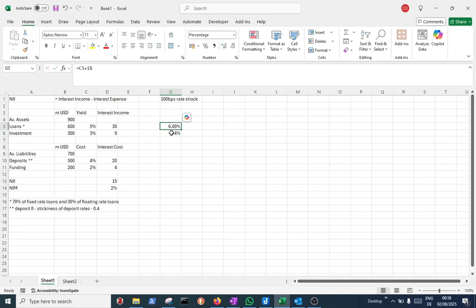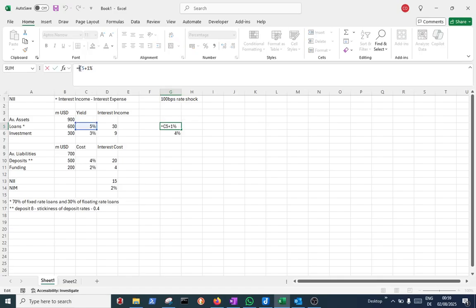But in terms of loans, I think I've forgotten something. Specifically, I've forgotten the fact that we have fixed rate loans and floating rate loans. For fixed rate loans, we've already negotiated a certain fixed rate, so it will not change.